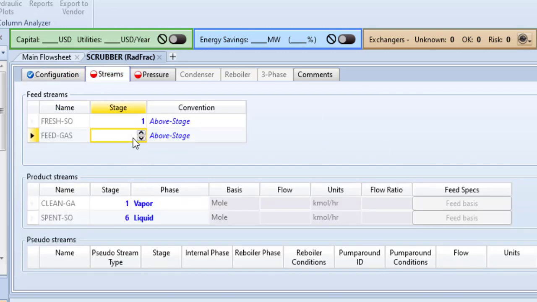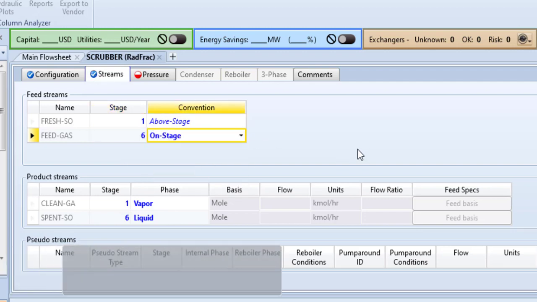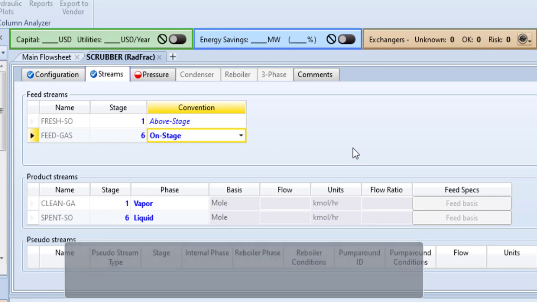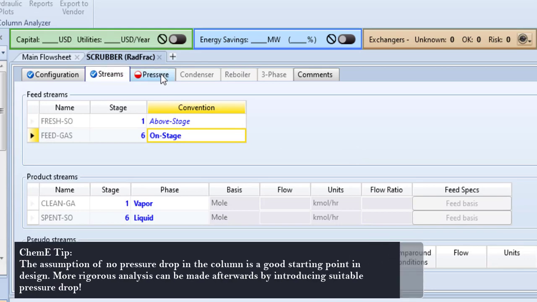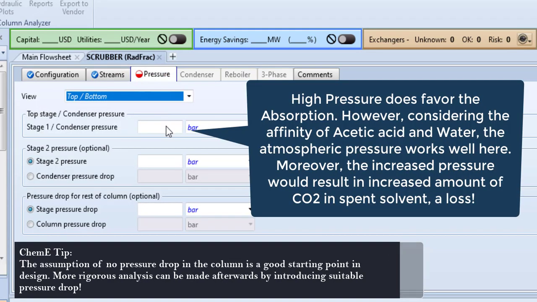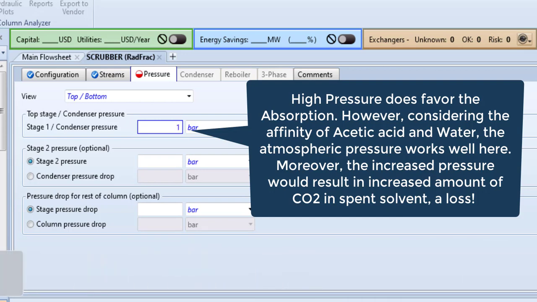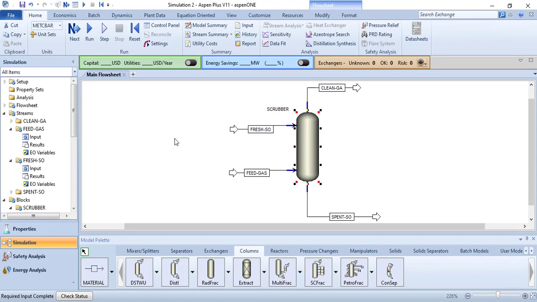For pressure, assume that we are operating this absorber under atmospheric conditions. So for that, 1.01 bar. We are done with the scrubber as well.